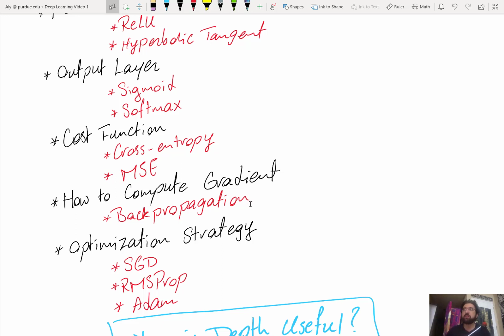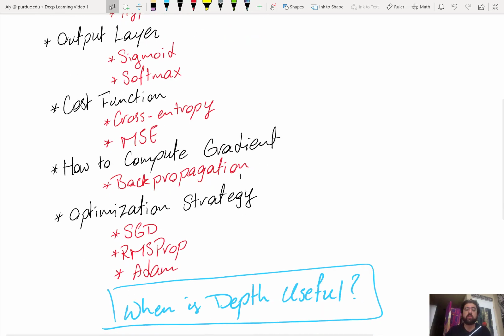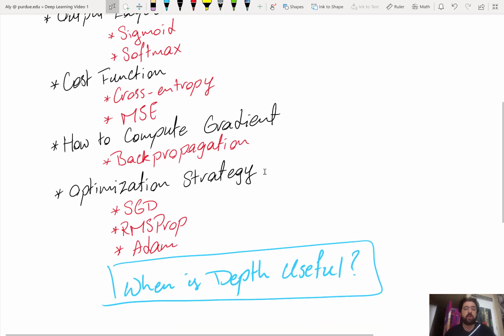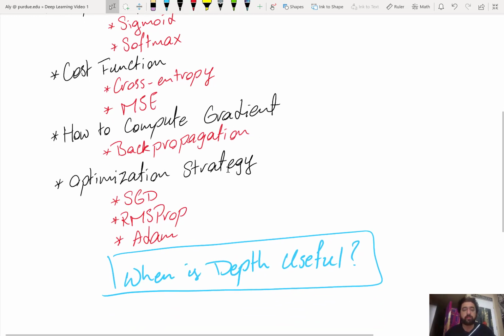And for that, starting from two videos ahead, we will start discussing the backpropagation algorithm, which is basically an efficient way to compute the gradient using a property of that gradient to decompose it into modular computations, and these computations can be used for multiple steps, right? We'll discuss that in more detail later.